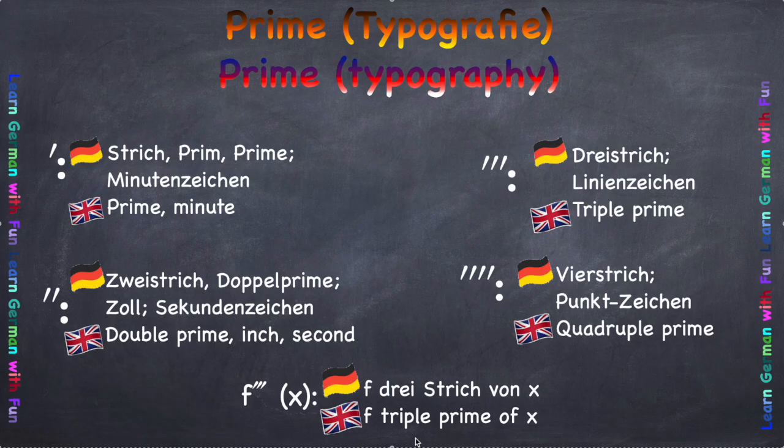Here you can see the words related to the prime typography in German. This sign is Strich, Prim oder Prime in German. Dealing with the time, one says also Minutenzeichen, in English, prime or minute when dealing with the time.